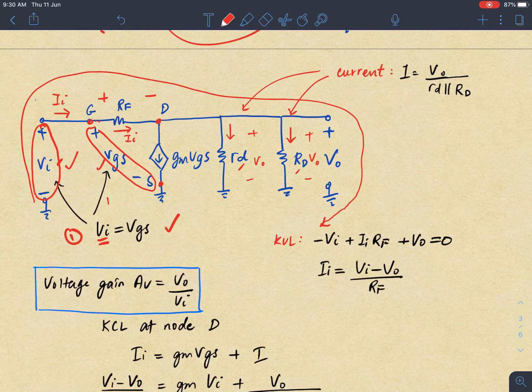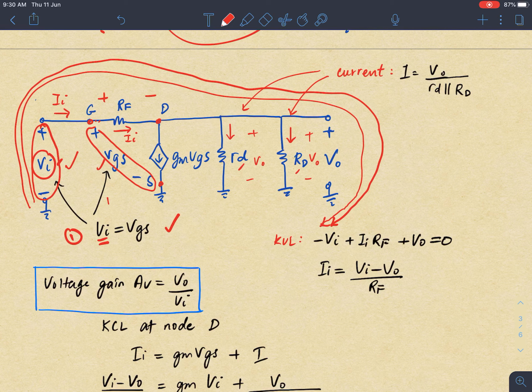Then second, we do one big KVL from V in to V out. So the equation is negative V in, plus I in multiplied with RF, because we have this resistor, and then plus V out.